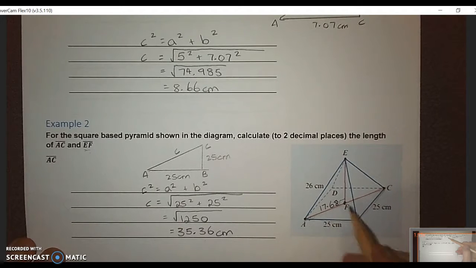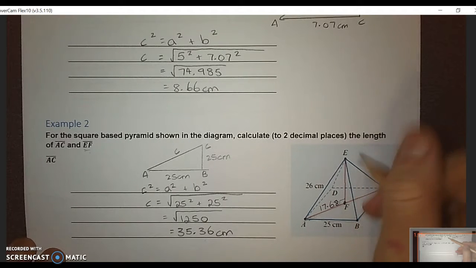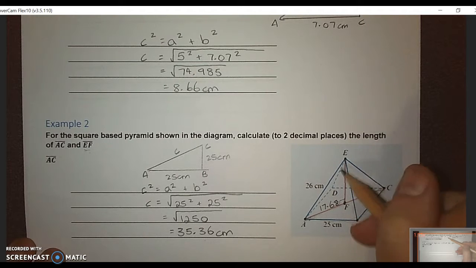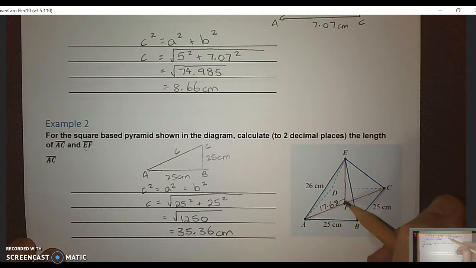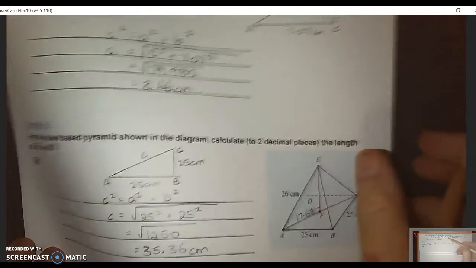So this length from A to F is half the length of A to C. We've got to find this line here. So the triangle we're looking at now is this one here. I'll just move that aside.